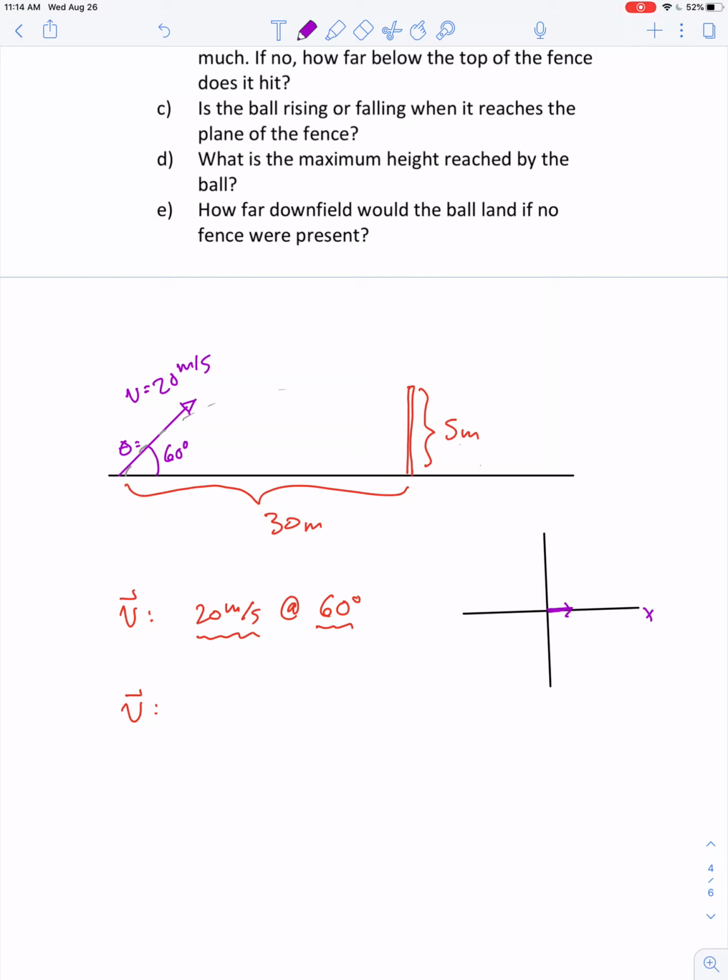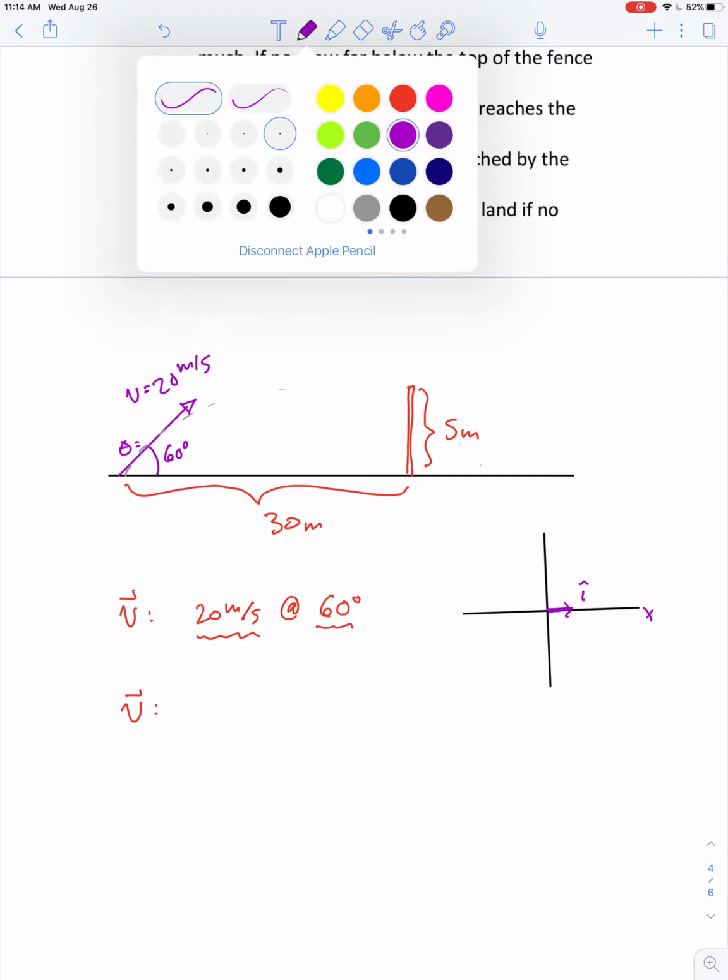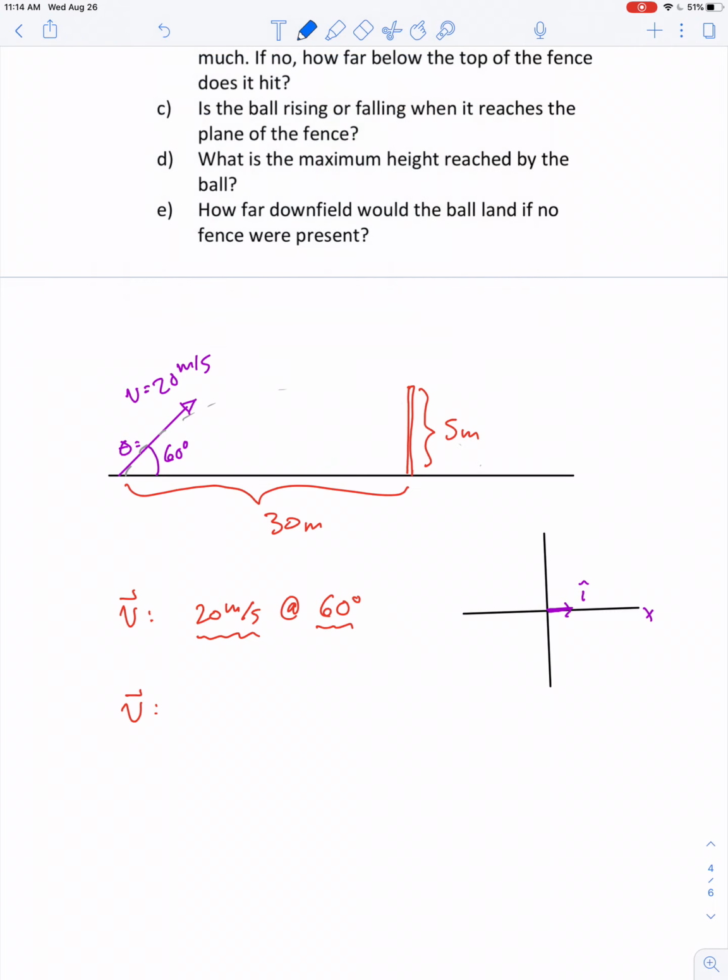They call it I hat. There's another named vector that we're interested in two-dimensional space. If there's a vector exactly 1 unit long along the y-axis, the name for that vector is j hat.